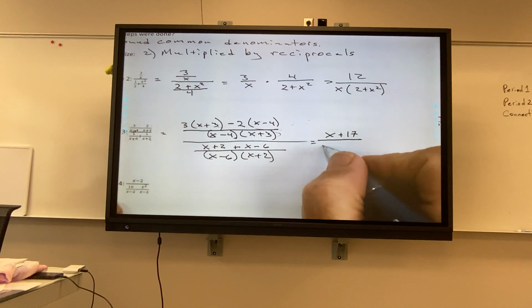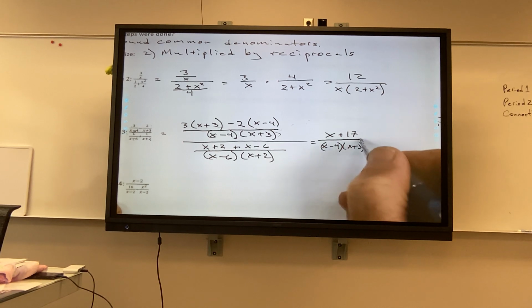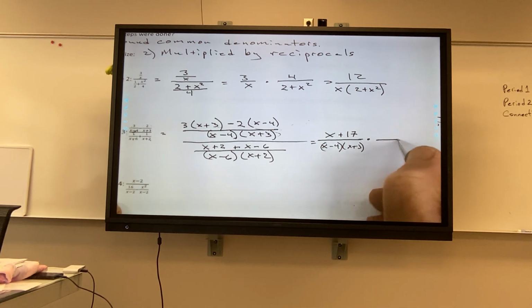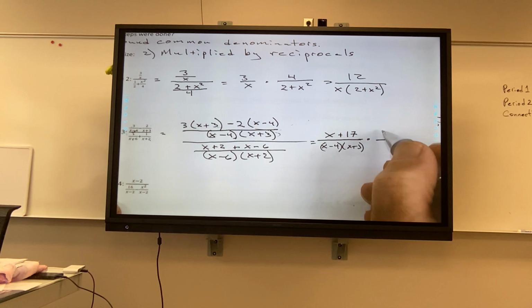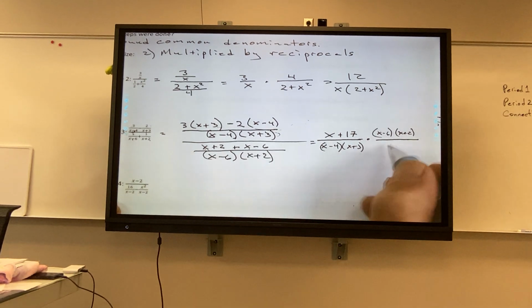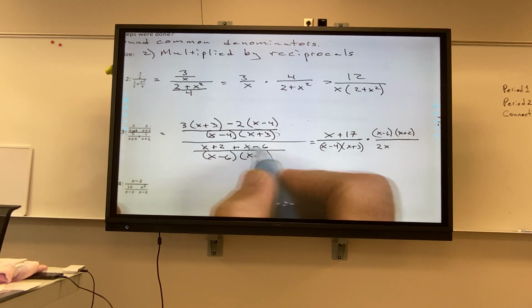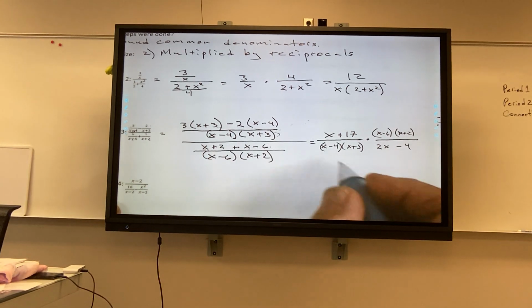And then again, I got x minus 4 times x plus 3 times, now I'm going to have the reciprocal. Up here, I'm going to have x minus 6 times x plus 2. And on the bottom, I got x plus x, which is 2x, and 2 minus 6, which is a minus 4.